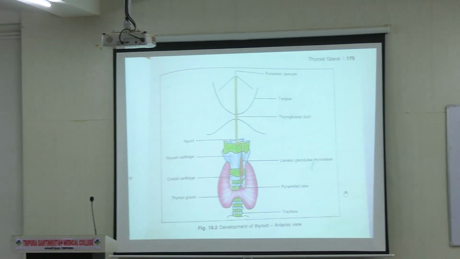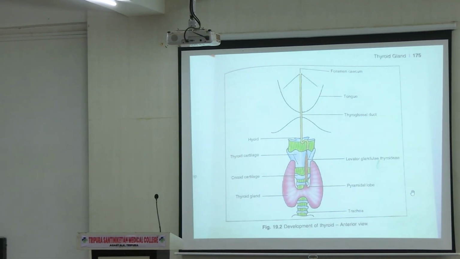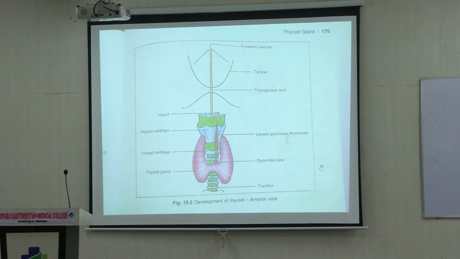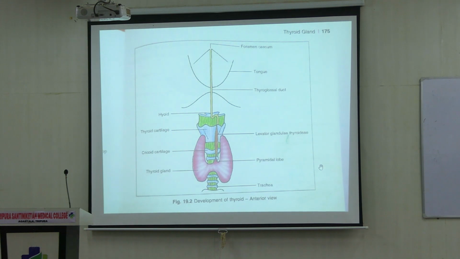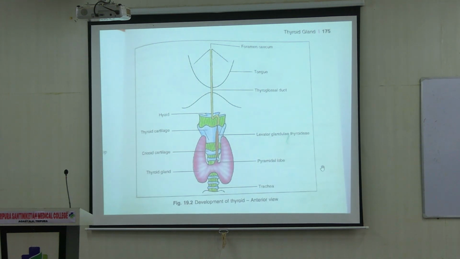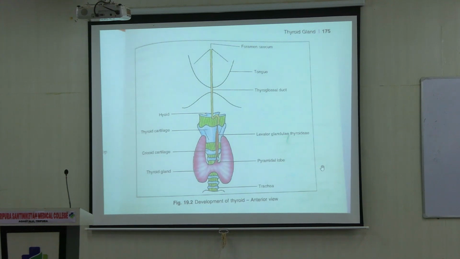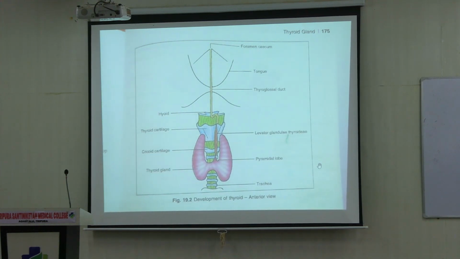That external capsule is derived from which layer of the deep fascia? Pretracheal layer. How many layers are there of deep cervical fascia? 3 layers. What are they? Pretracheal, investing and prevertebral, from anterior to posterior. First investing, then pretracheal, then prevertebral. So it is the pretracheal layer which forms the false capsule.